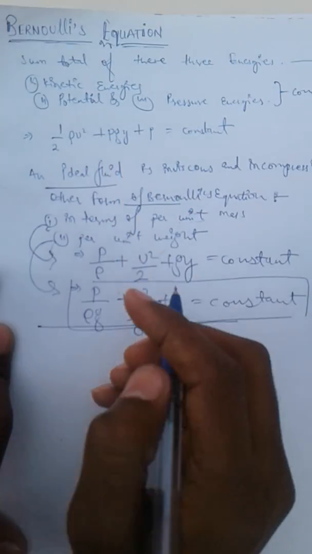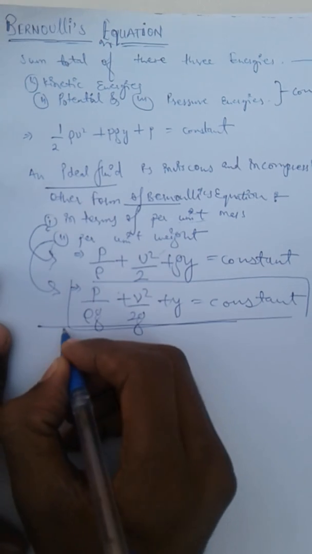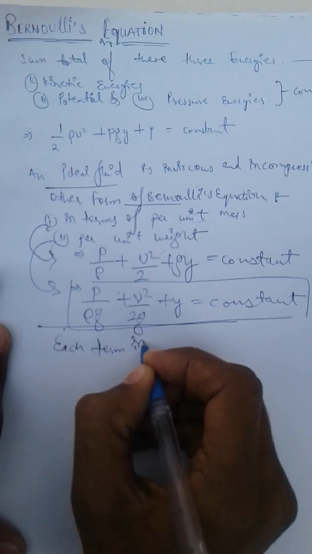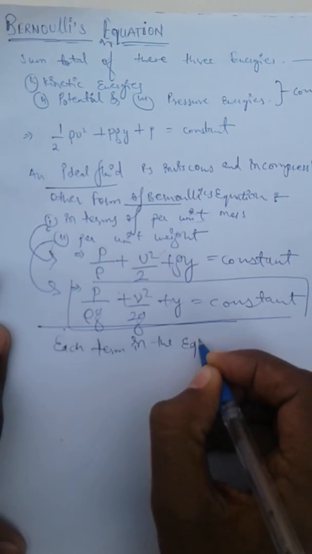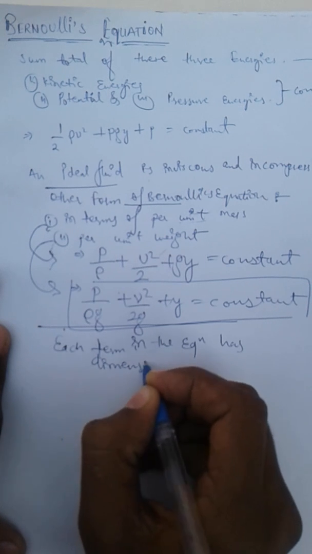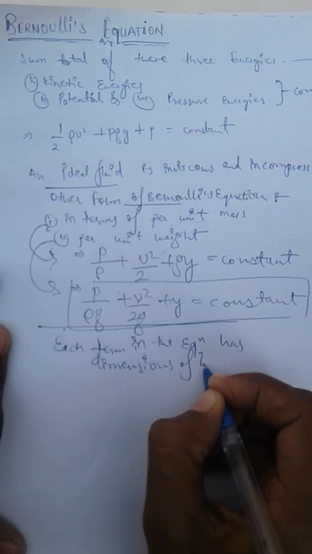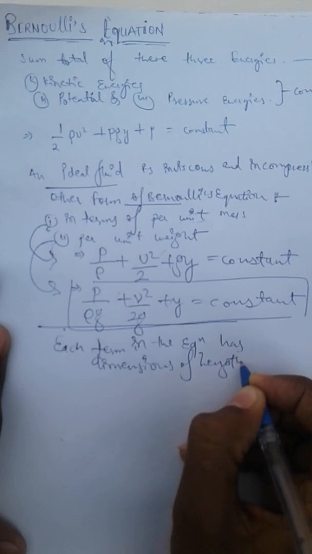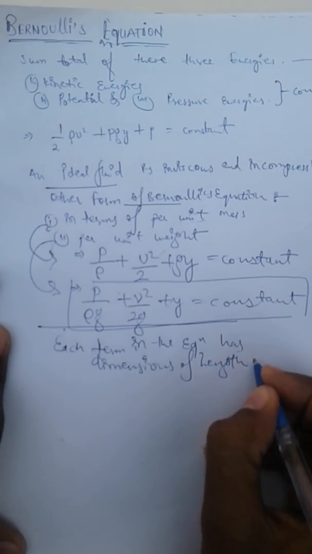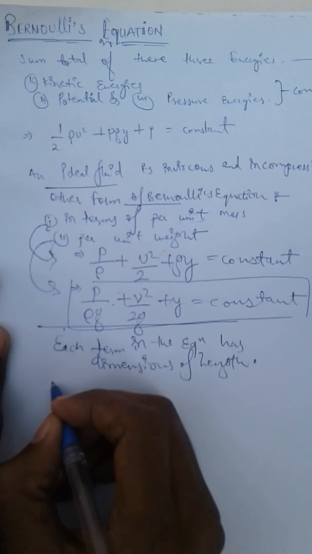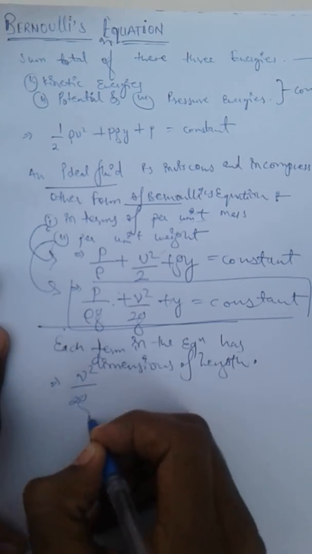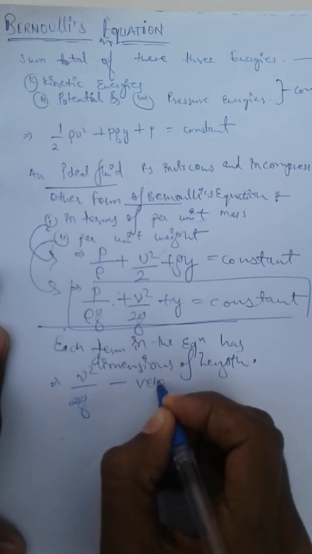Each term in this equation has dimensions of length. Now in this equation, the term v square upon 2g is called the velocity head.